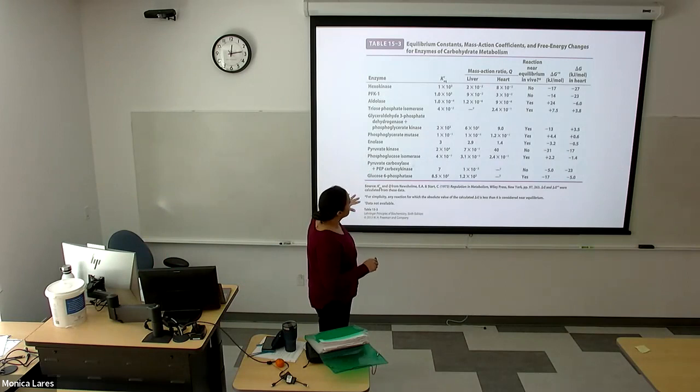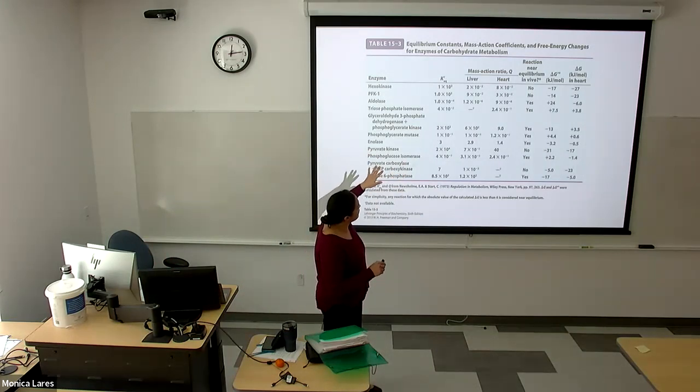And we looked at what were their KEQs under equilibrium conditions, and what were they actually at in the liver and the heart. And when there was a big difference in there, you can tell if it's near equilibrium or not.